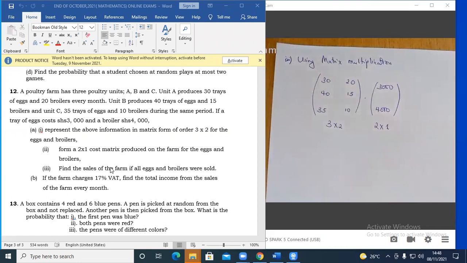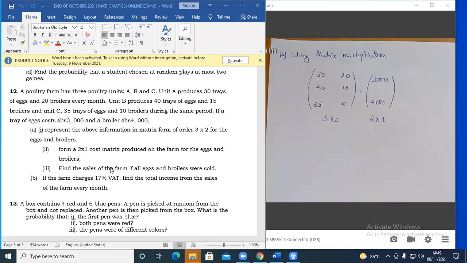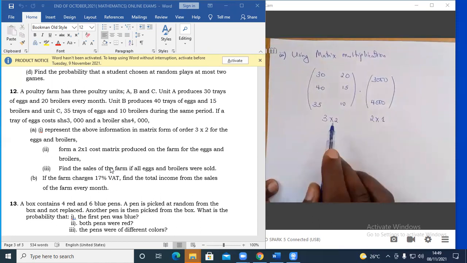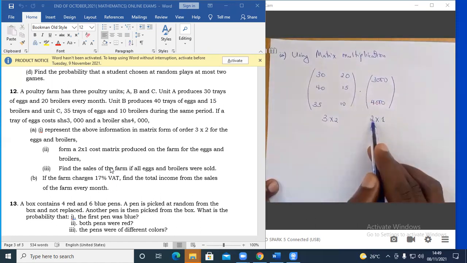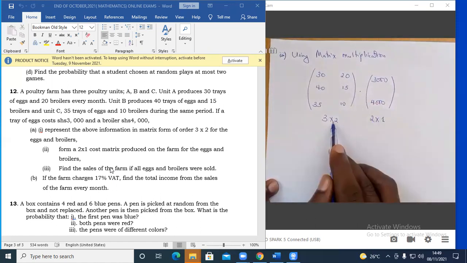Members, are these two matrices compatible? Yes. Why are they compatible? Because the first matrix has 2 columns, and the second matrix has 2 rows.